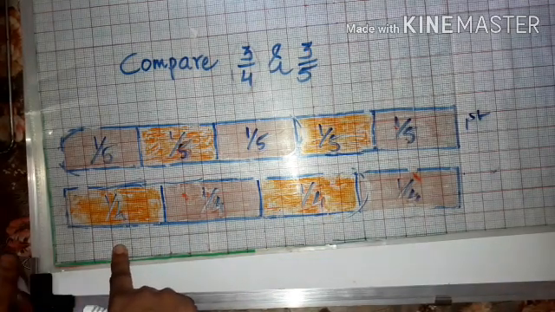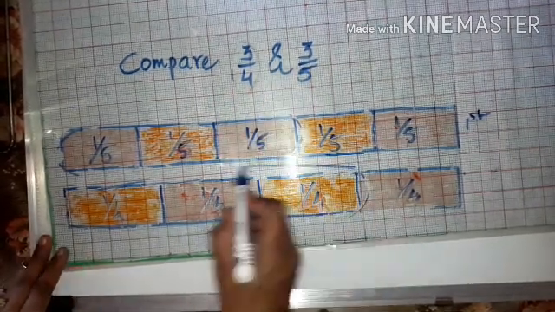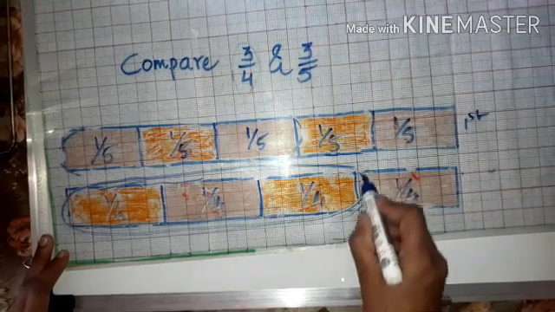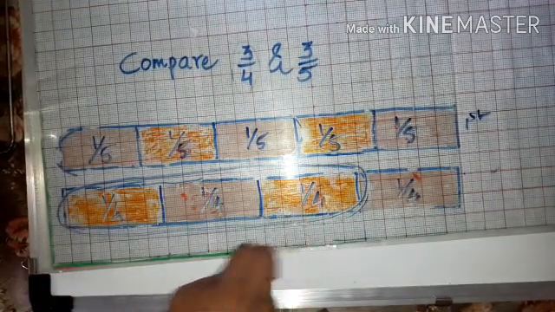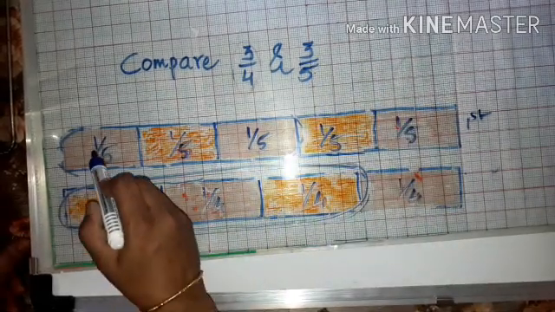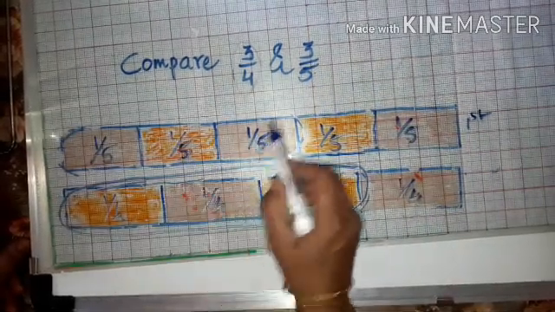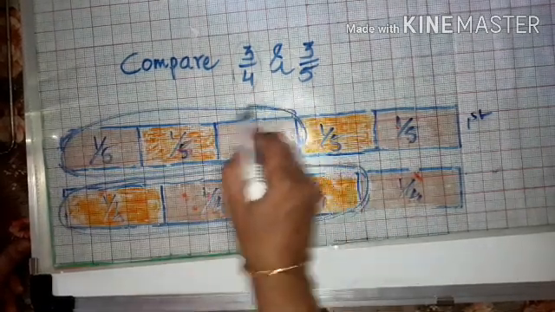Now 3 by 4 will be this much: 1 by 4 plus 1 by 4 plus 1 by 4 equals 3 by 4. And 3/5 is 1 by 5 plus 1 by 5 plus 1 by 5. So this part is 3 by 5.